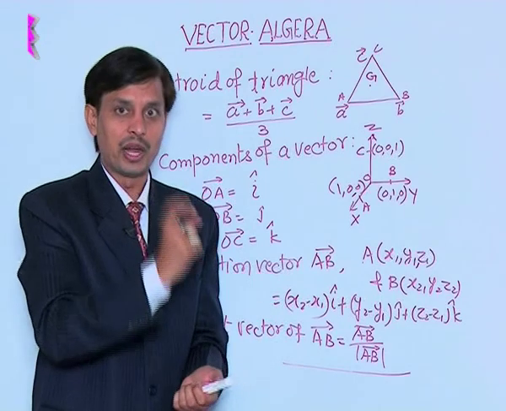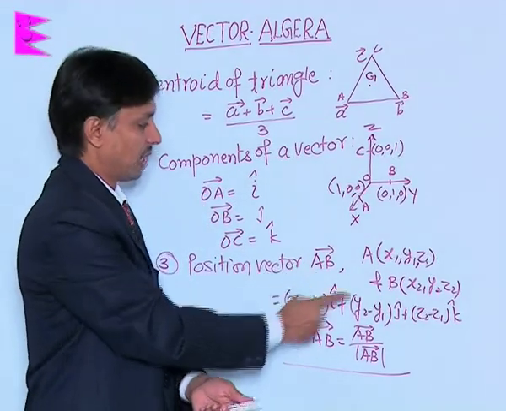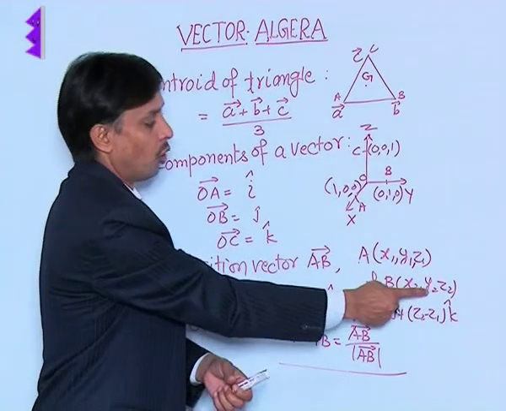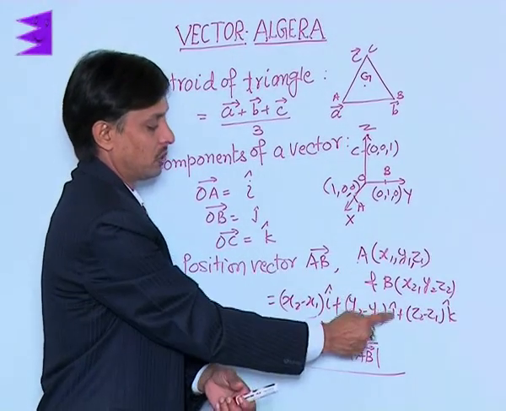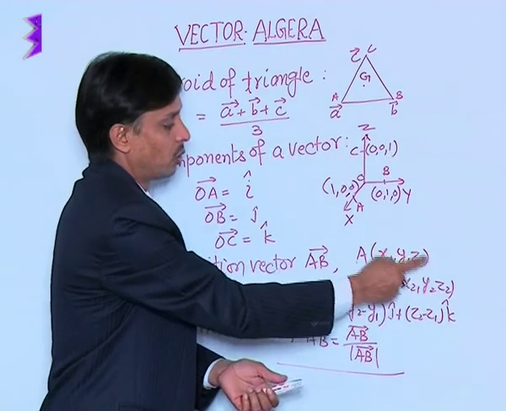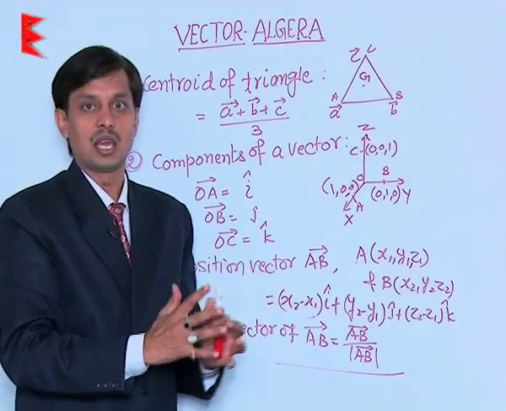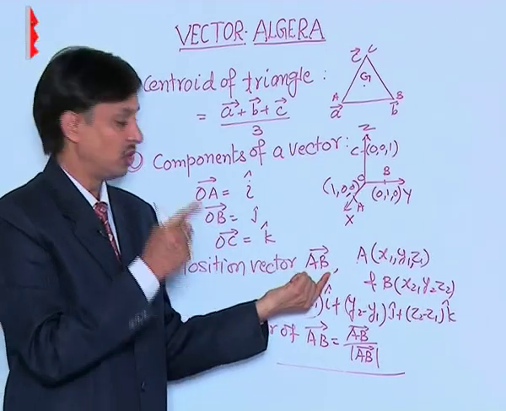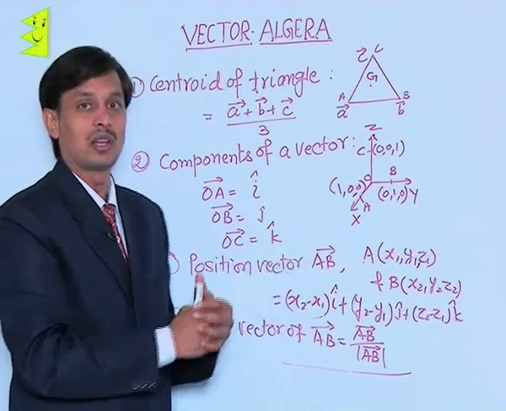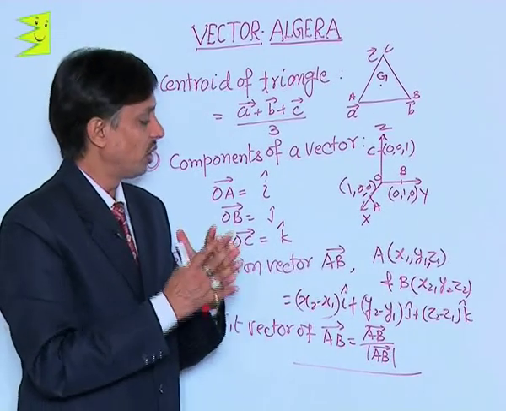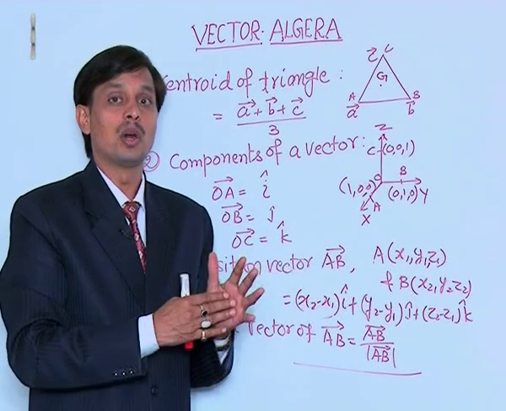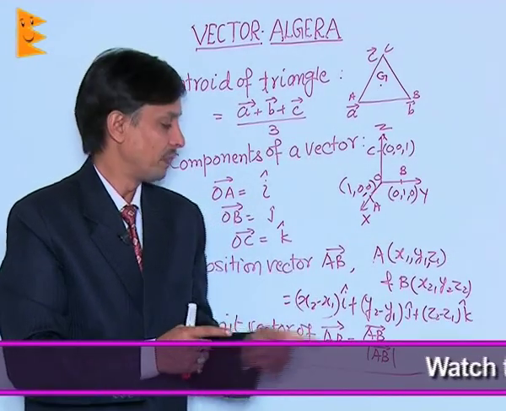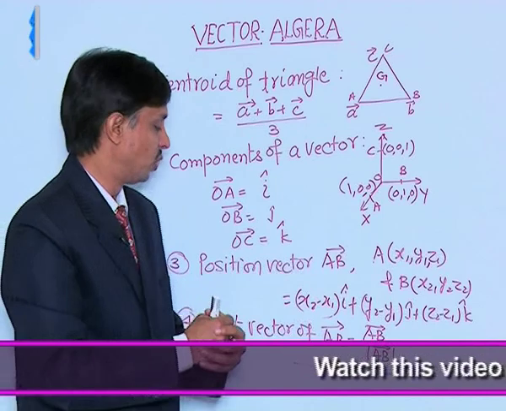Then the vector AB is given by (x2 minus x1) times i cap plus (y2 minus y1) times j cap plus (z2 minus z1) times k cap. So you can say the vector AB means position vector of B minus position vector of A, and you need to take care that as and when you move toward the x-axis it is i cap, for the y-axis it is j cap, and for the z-axis it is k cap, the unit vectors.